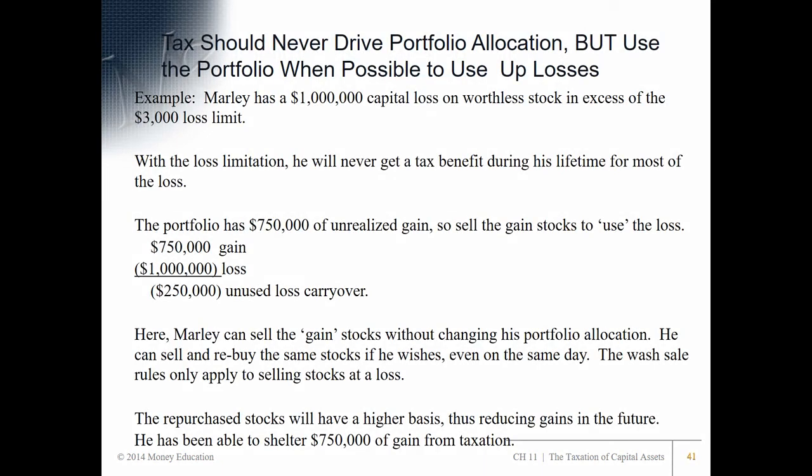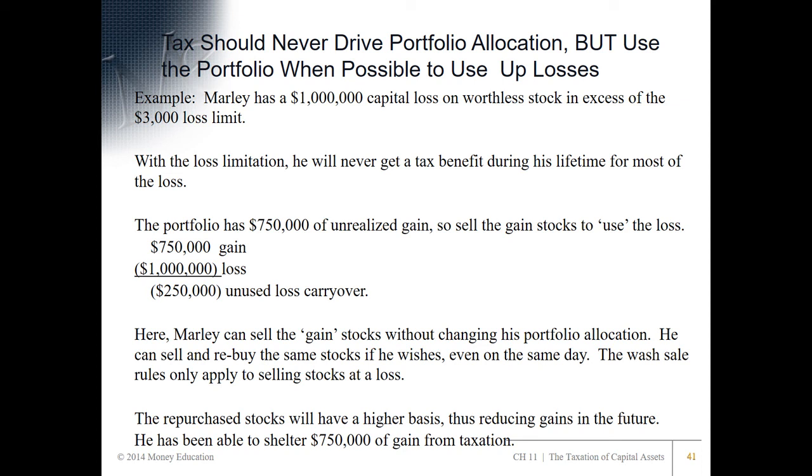So, tax should never drive your portfolio allocation, but use the portfolio when possible to use up losses. So here's our example. Marley has a $1 million capital loss on worthless stock in excess of that $3,000 limit.